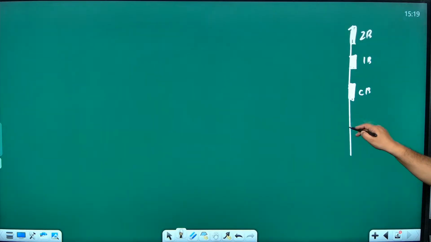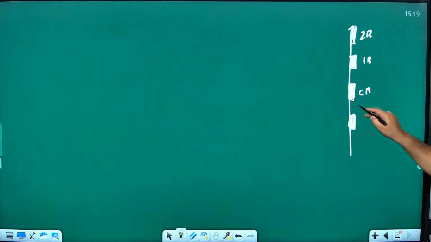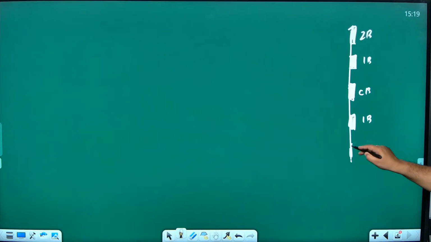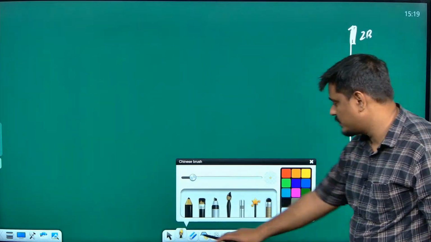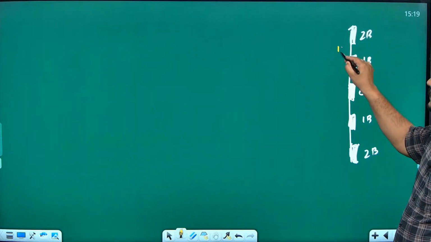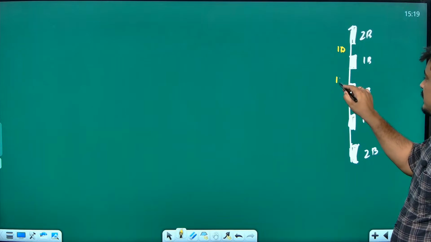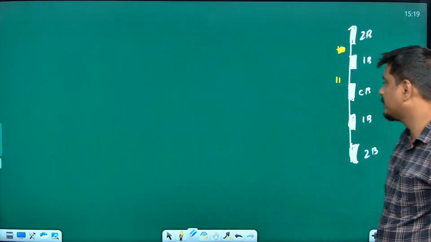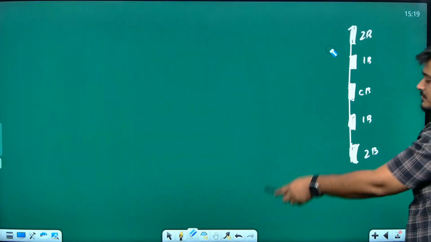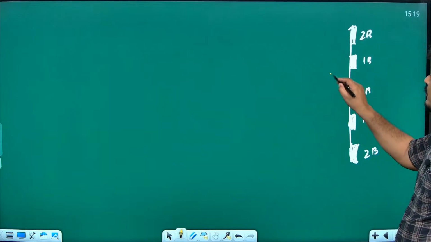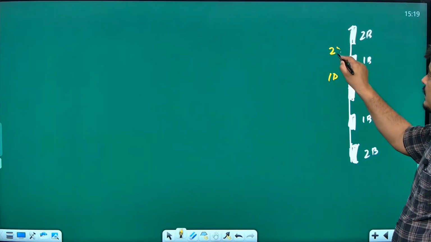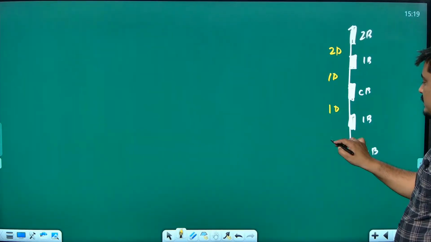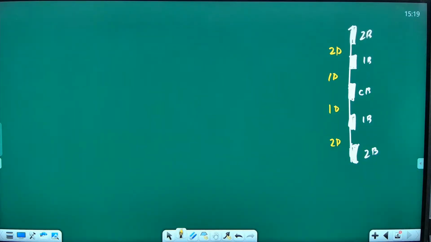Same way down also, central bright, then first dark, then first bright, then second dark, then second bright. I'll draw it to make it clearer: central bright, then dark, first bright, dark, second bright, and so on. This is the first dark, this is the second dark. Is it clear to you?